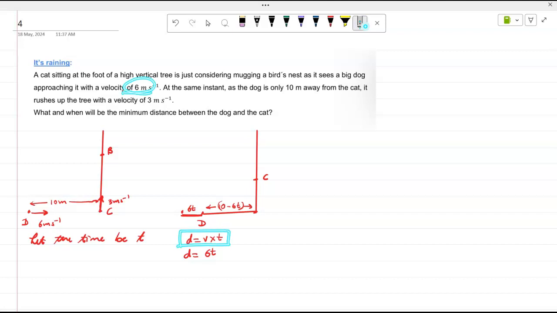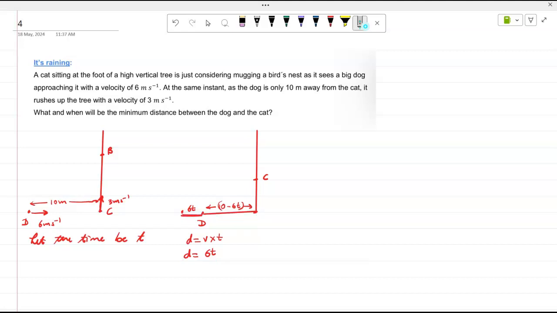Velocity is equal to distance over time, so distance is velocity into time. I'm just substituting the value. So the distance traveled by the dog is 6t, and this distance would be 10 minus 6t.